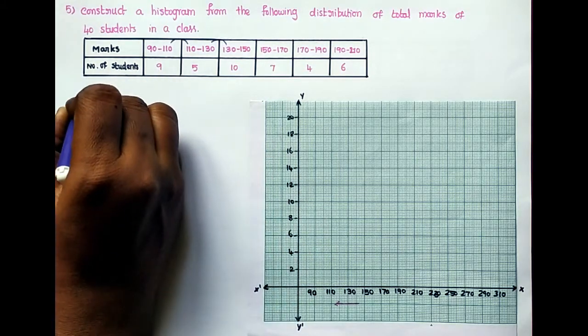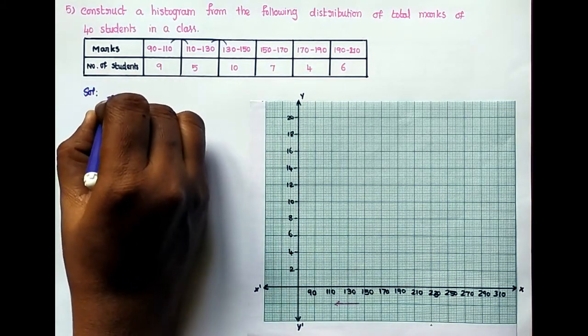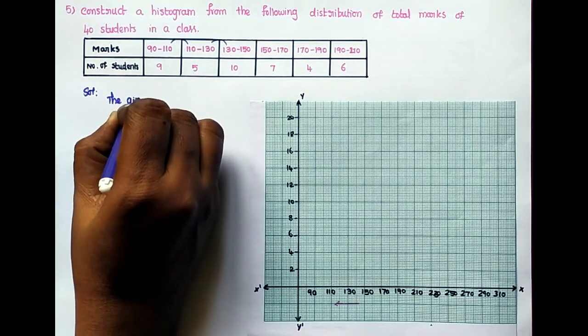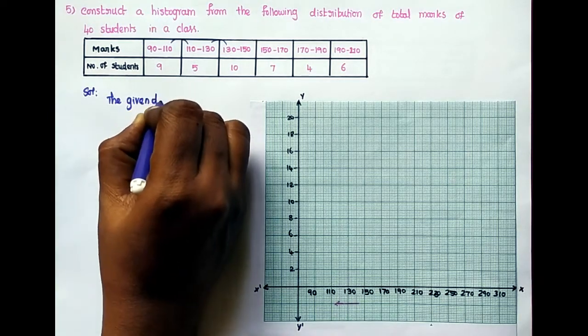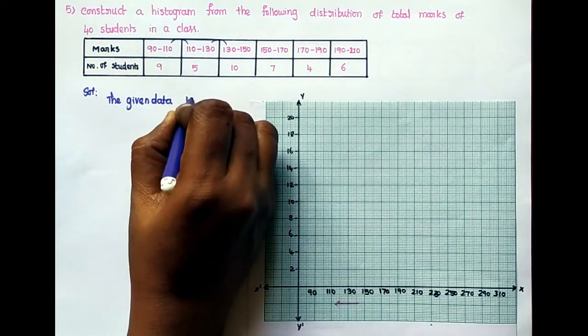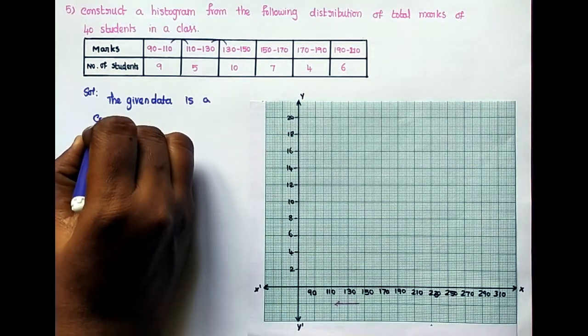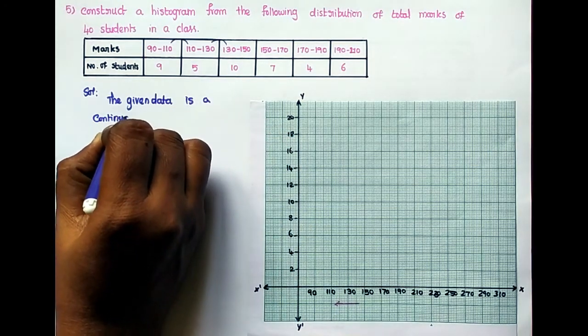So listen, write down first, the given data is a continuous frequency distribution.